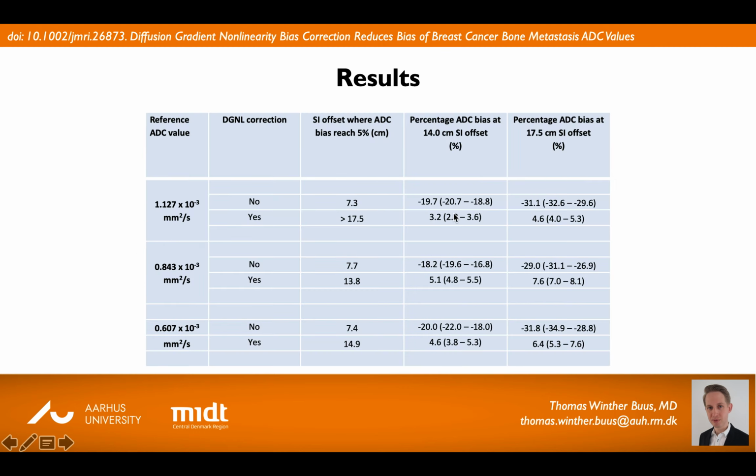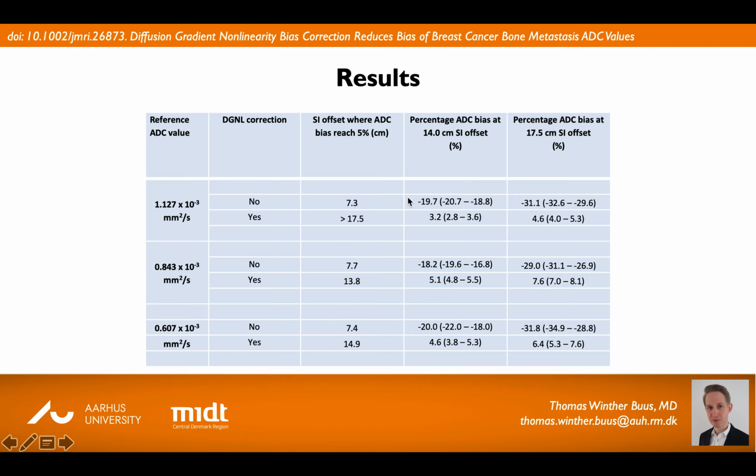When looking at the numbers, we see that we have around 20% bias at 14 centimeter SI offset and around 30% at 17.5 centimeter SI offset. This is almost completely removed after correction with around 5% bias left.